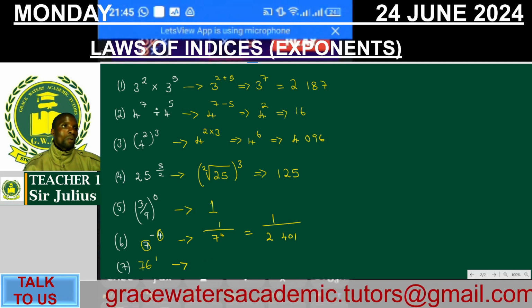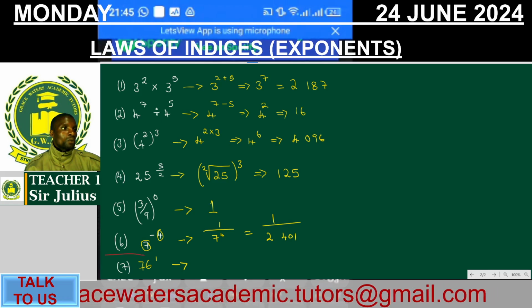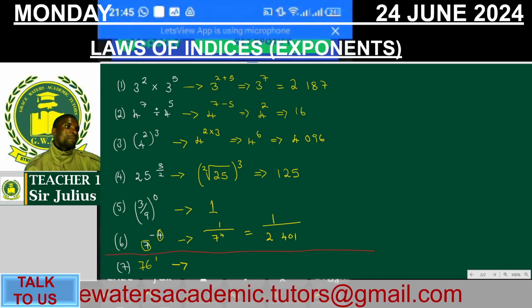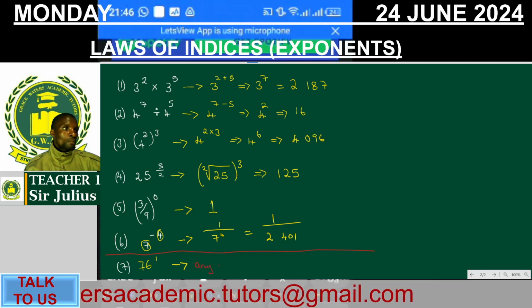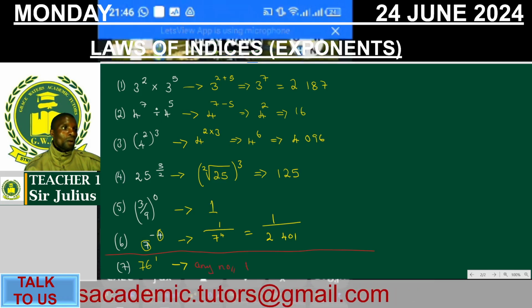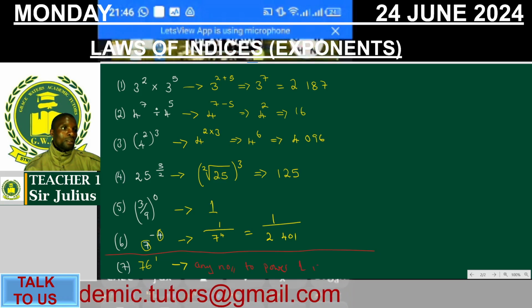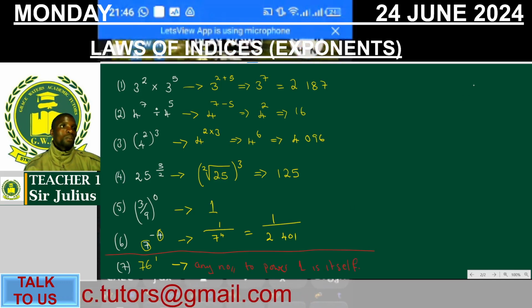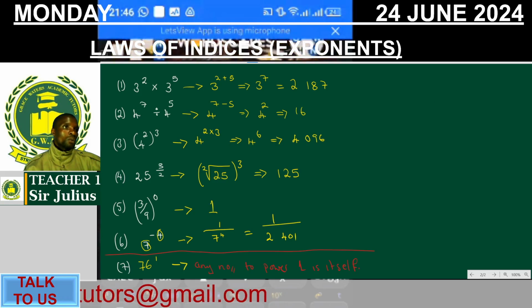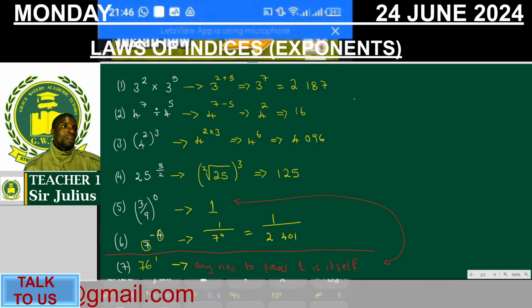The reason why I put this one is I didn't include it on the laws, but it is necessary for you to know also what it means. Okay, so this law is saying that any number to power 1 is itself. I've seen many students confusing these two laws, law number 5 and the 7th one, they just confuse them because they don't understand.